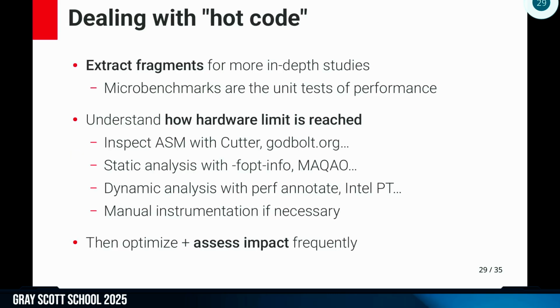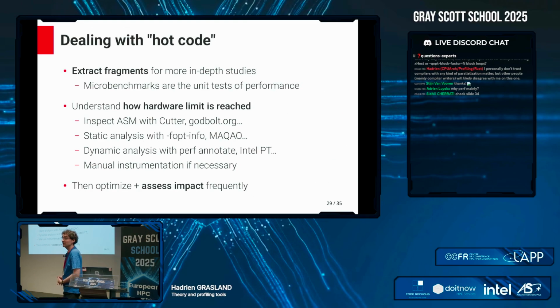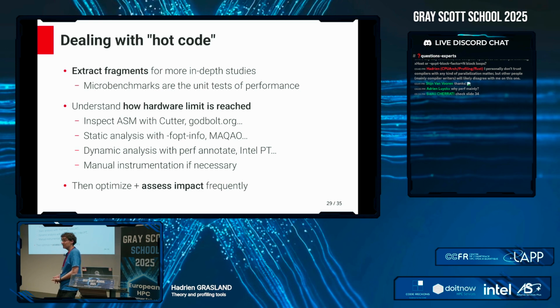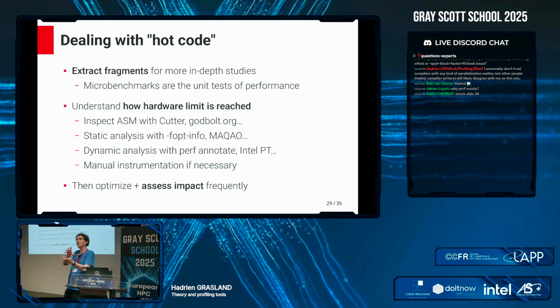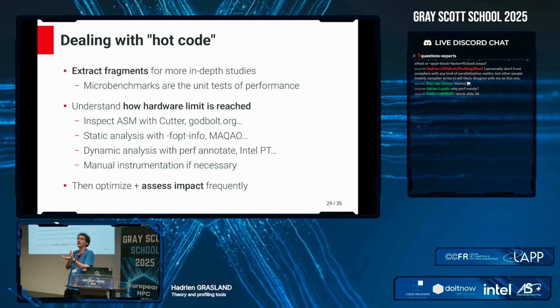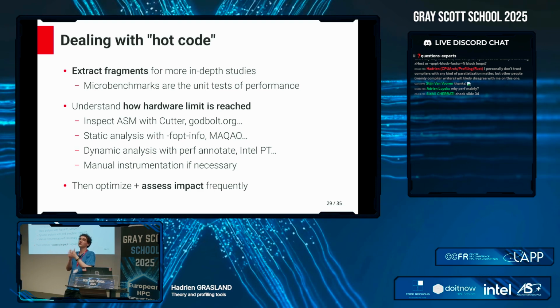To conclude, I have not said so far what needs to happen once you have found some hot functions. The general strategy here is to take the part of your code that's performance critical and extract it into a smaller program that's easier to run, takes less time to run, so that you can throw many tools at it and study it in more depth.